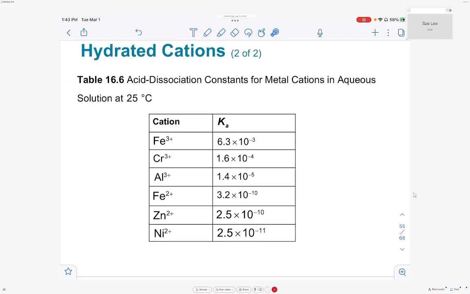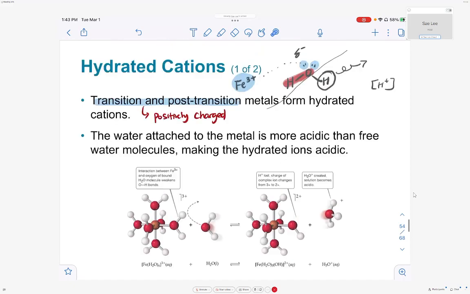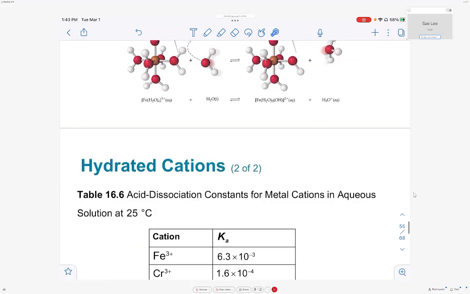This is a table of acid dissociation constants for metal cations in water. Okay, so these are the metals. The stronger positive charge on the metal will attract water molecules more strongly, right? The more positive the metal, the stronger the attraction to these negative lone pair electrons, therefore generating more protons.